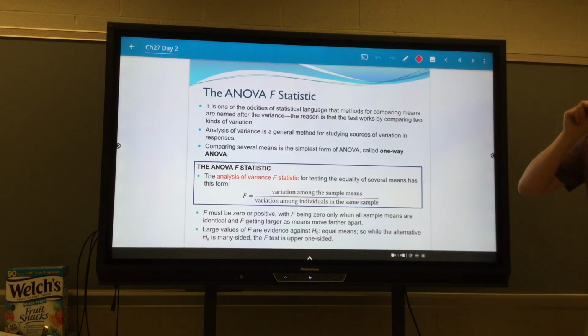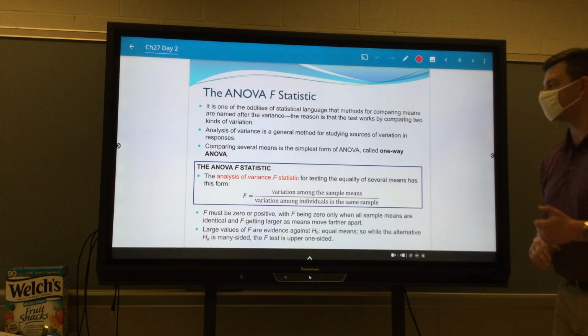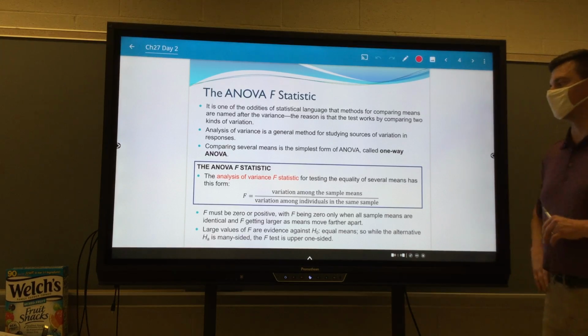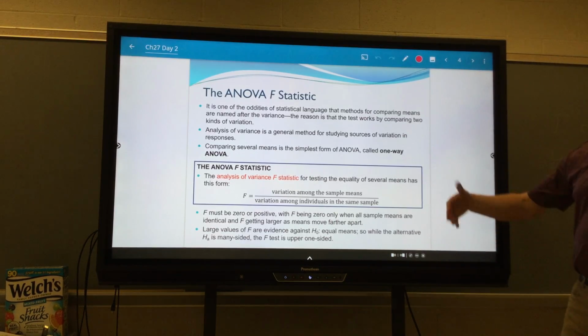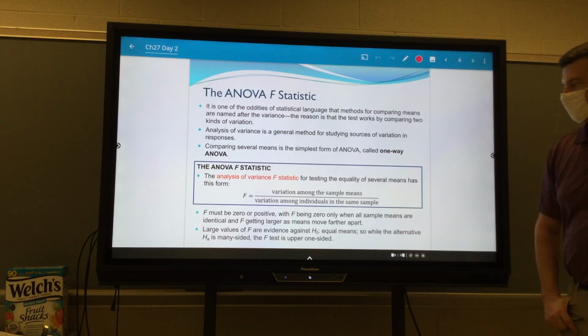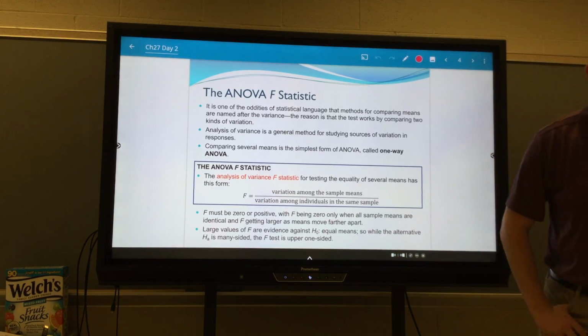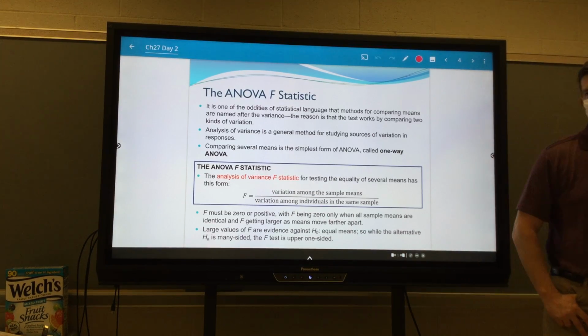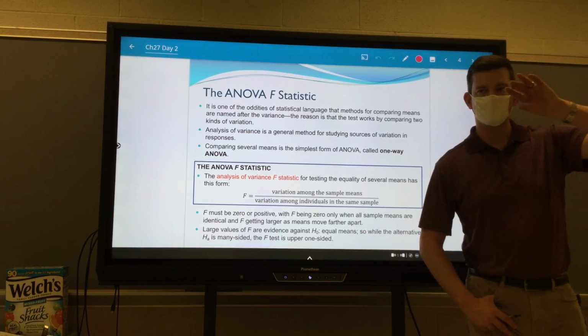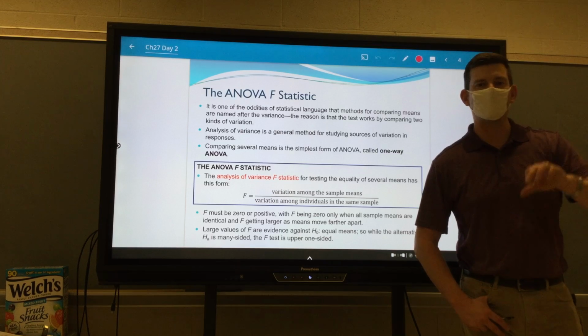Now, analysis of variance is a general method for studying sources of variation in responses. Comparing several means is the simplest form of ANOVA. So it gets more complicated than this. We are concentrating on one-way ANOVA. Last time I mentioned we are using the F distribution for our analysis, and we just let the calculator compute its F statistic and the p-value.